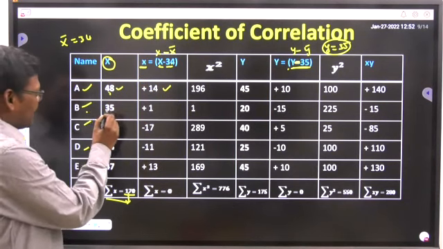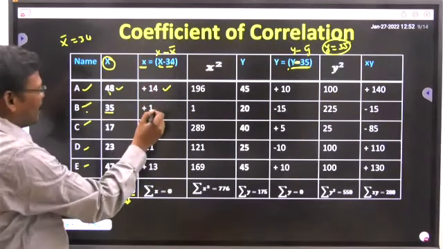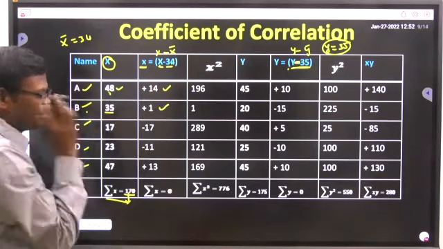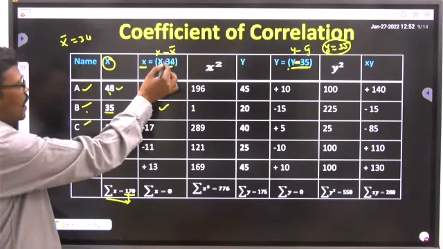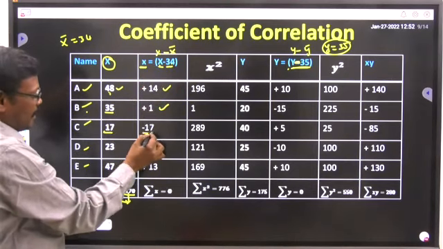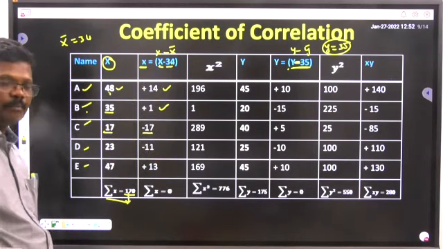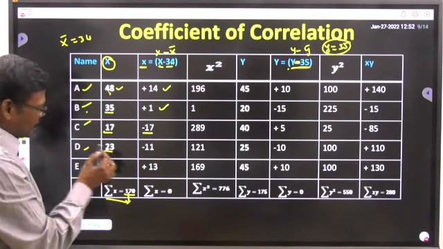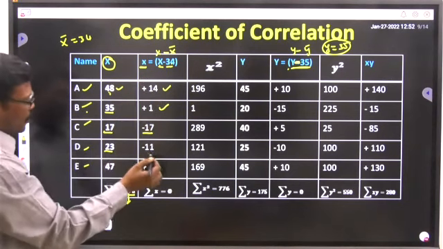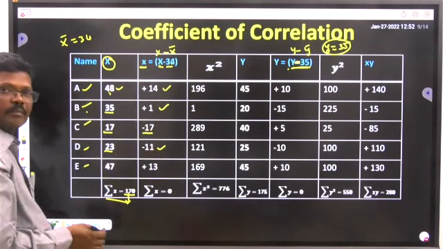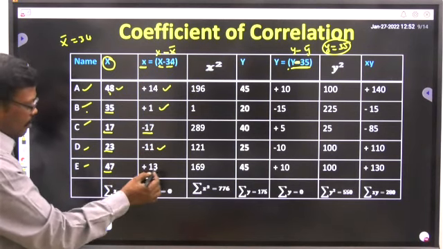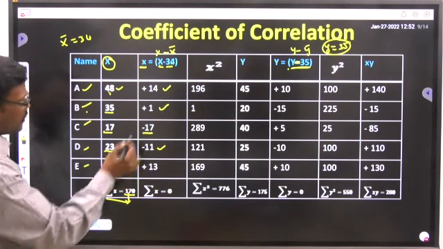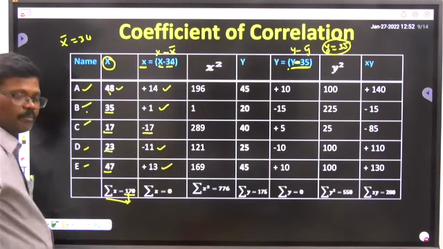Like that, 35 minus 34 is plus 1. 17 minus 34 is minus 17, please remember minus 17. 23 minus 34 is minus 11. 47 minus 34 is plus 13.